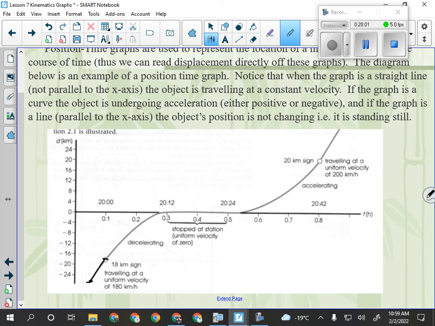It basically means that every equal time interval, I did a terrible job of drawing that, but every equal time interval, the position, which would be this part, changes by the same amount. If my position changes by the same amount every time interval, then I'm traveling at a constant velocity.